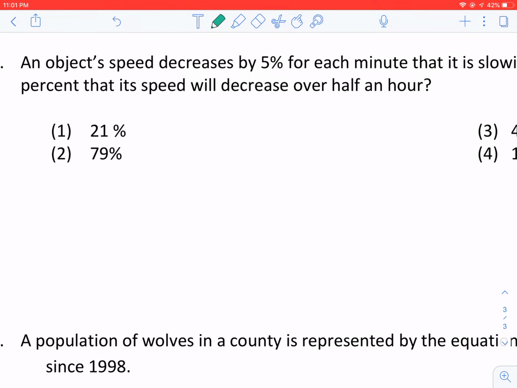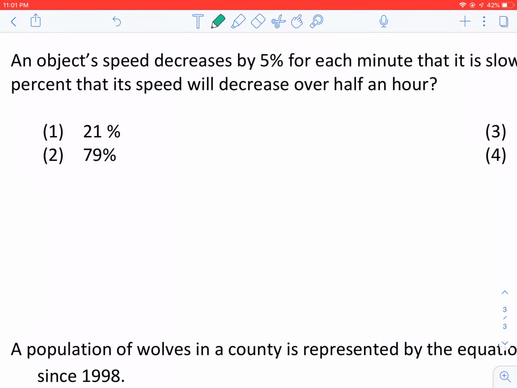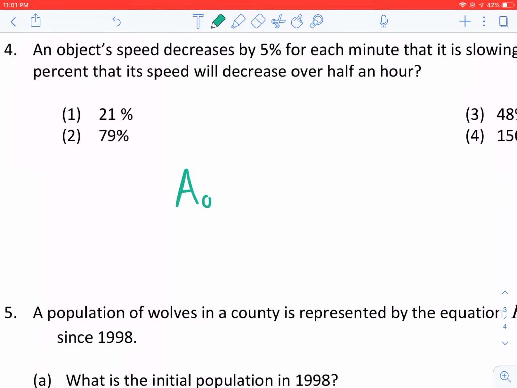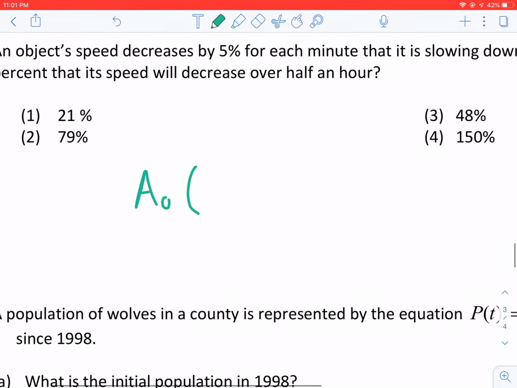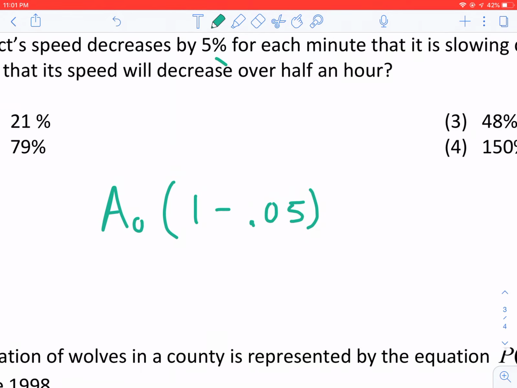Alright, so let's say the original speed is some speed, let's call it a sub 0. If it's decreasing by 5%, we're going to multiply that by 1 minus 0.05. 0.05 is the 5%.